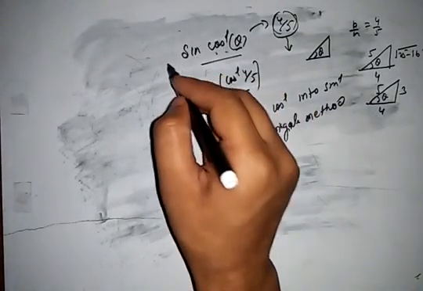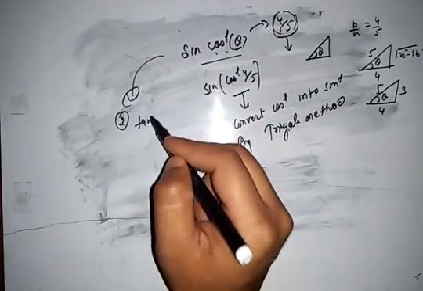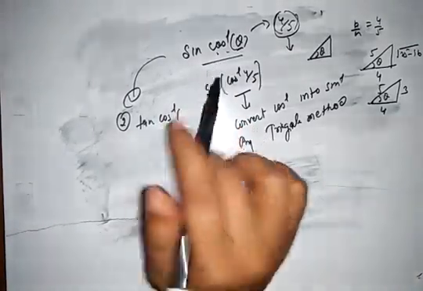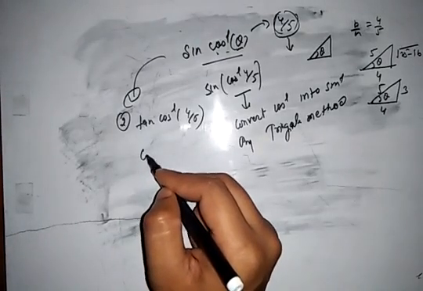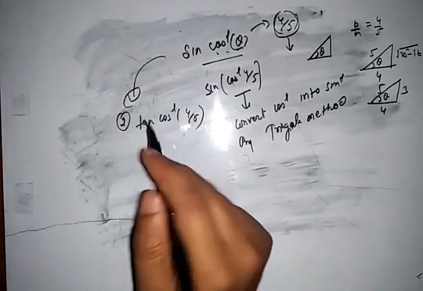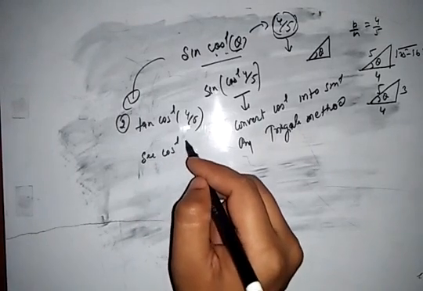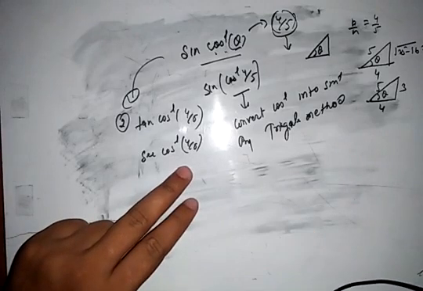Suppose this question is the first type. The second type, I will assume is tan of cos inverse 4 by 5, and similarly sec of cos inverse 4 by 5. How can you solve?